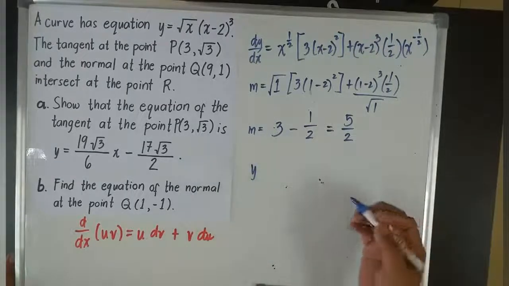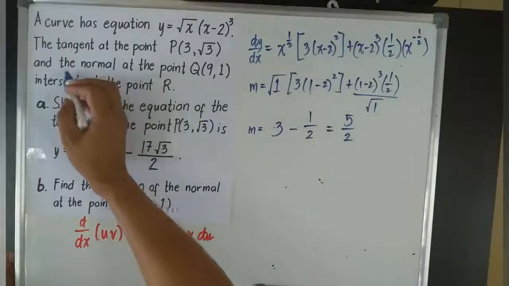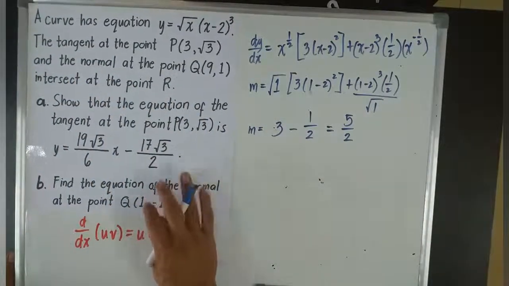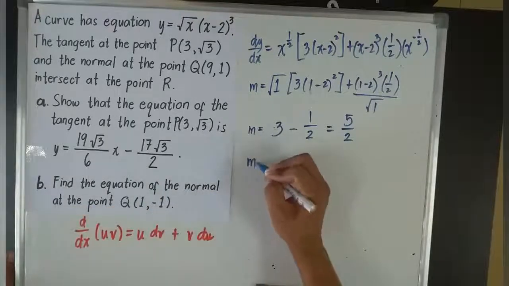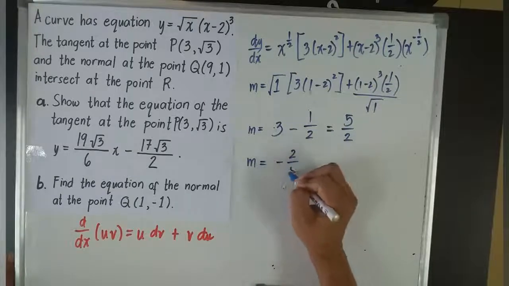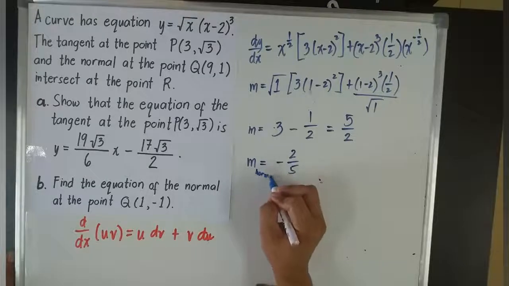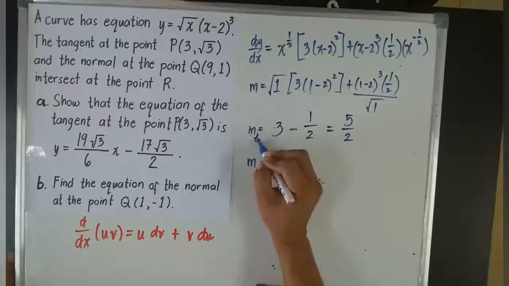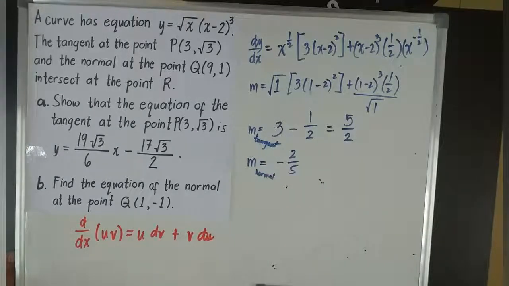Or, sorry, it should not be 5 over 2 because it should be a normal. It says, find the equation of a normal. So the gradient of the normal is negative 2 over 5. So we are dealing with normal. This is tangent. Okay?